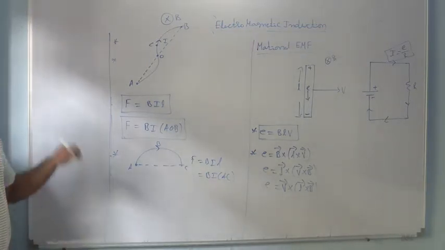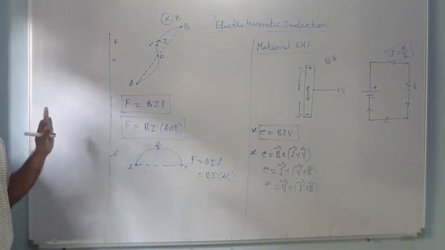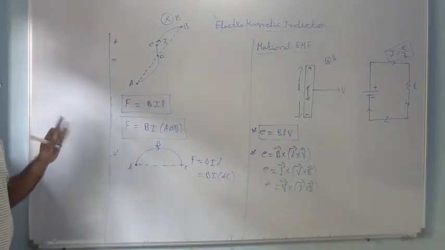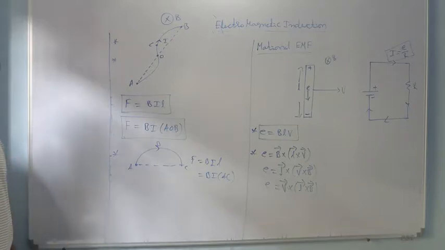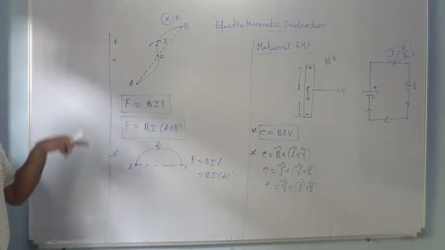The upper point acts like a positive, the lower point acts like a negative. You have to remember that blindly. Suppose the magnetic field direction changes, then the force direction automatically changes. In that case, electrons will experience an upward force. Clear? So the direction of the current also changes, and it will flow upward.